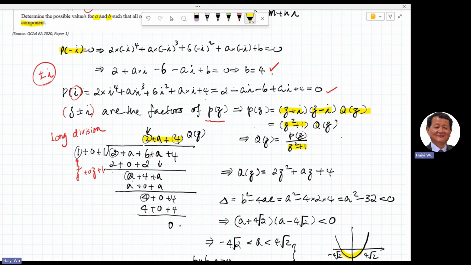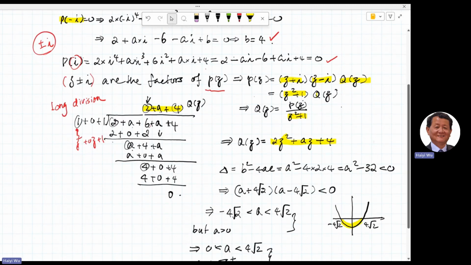So q(z) is 2z squared plus az plus 4. The remaining roots we can find from this quadratic. In order to have two imaginary roots, the discriminant must be less than 0. So we have a squared minus 32 less than 0.